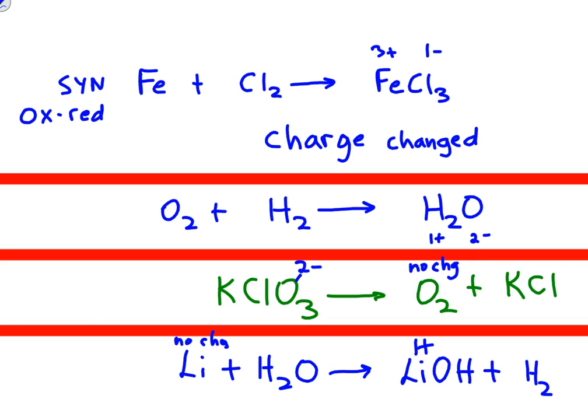What's the charge on iron, the element? No, that's iron, the ion. What's the charge on iron, the element? You're thinking valence electrons. It's not valence electrons. Everybody on the periodic table has the same charge.